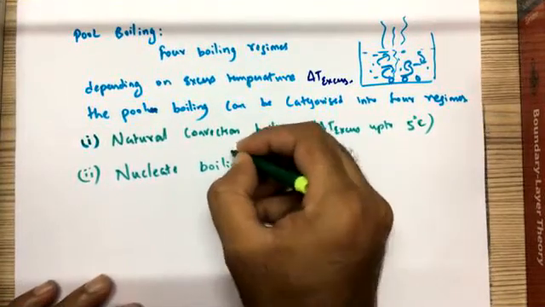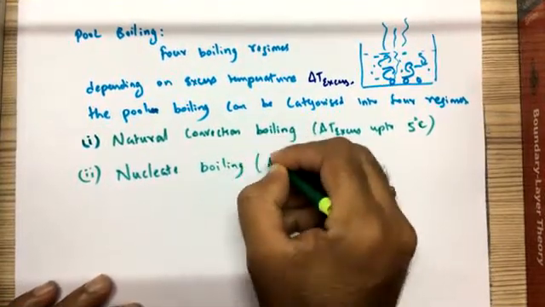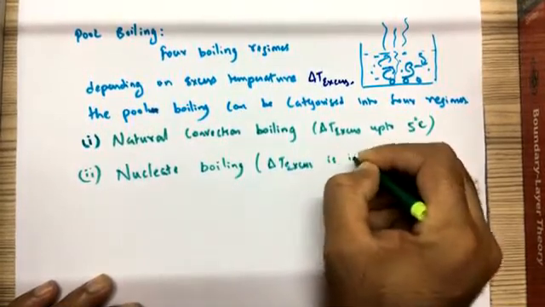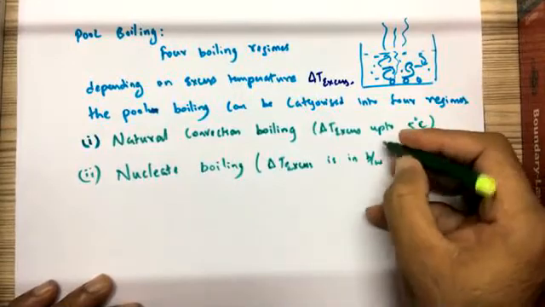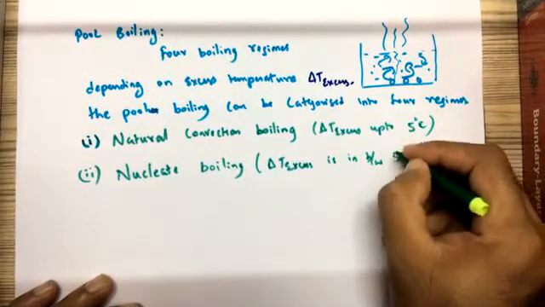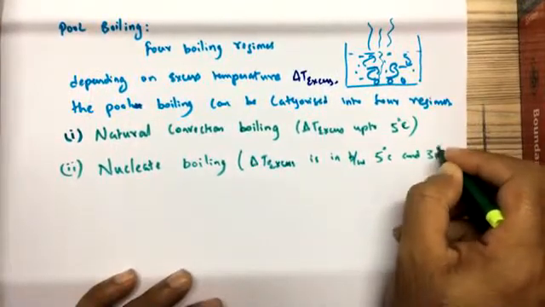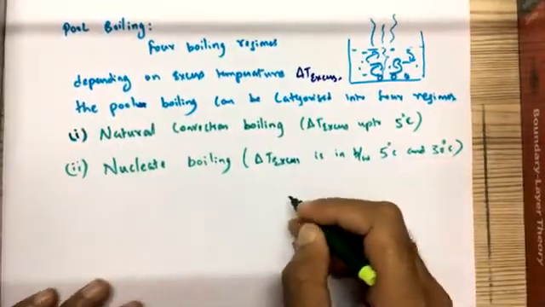Nucleate boiling, right? When delta T excess is in between 5 degrees Celsius and 30 degrees Celsius.